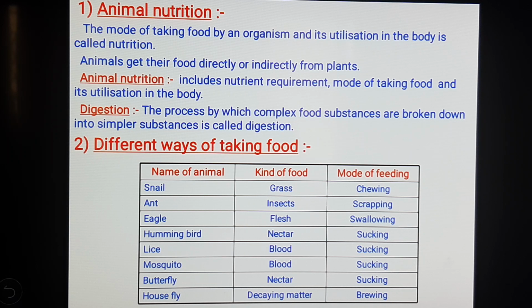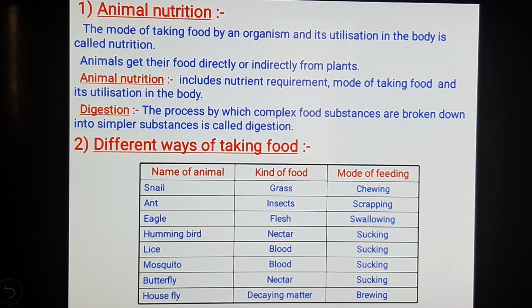Deer eat grass, and that is the food directly from the plant, and deer is a food of tiger or lion. So lion or tiger depend upon the deer for the food purpose. So here the lion and tiger are indirectly depending upon the plant, means they are not eating plants but they are depending upon plant eating animals or herbivorous animals.